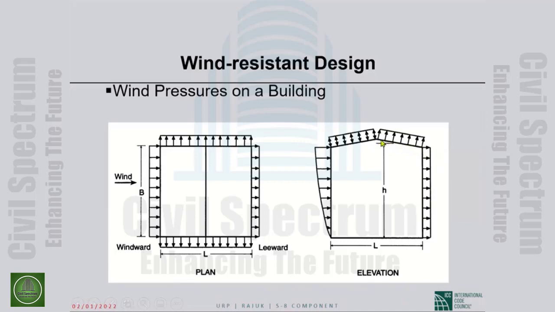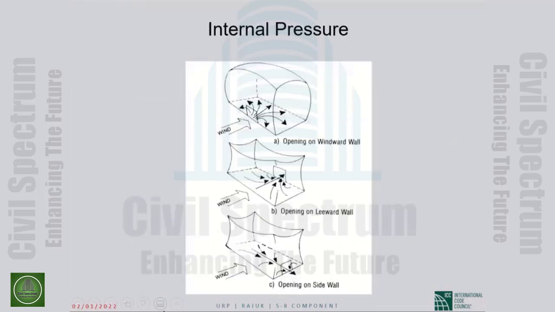The leeward roof is designed for suction evaluated at the mean roof height level. The windward roof, which under certain circumstances can be under pressure rather than suction, be that as it may, will be designed for pressure or suction evaluated at the mean roof height level. It will be constant. On the side faces also, it is constant suction evaluated at the mean roof height level. So this is our level of sophistication even today, just so that you appreciate it.